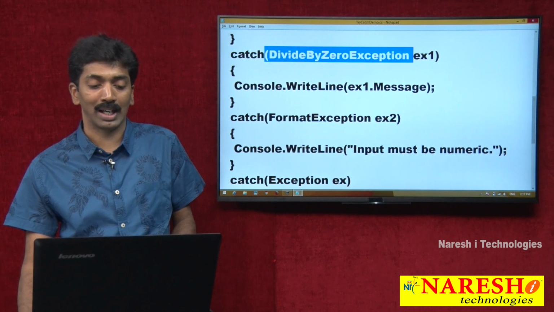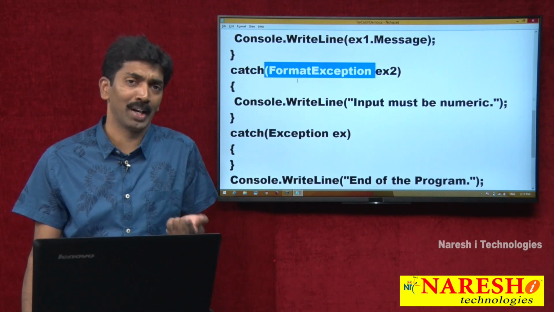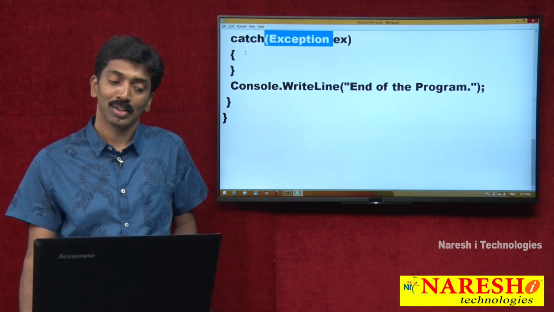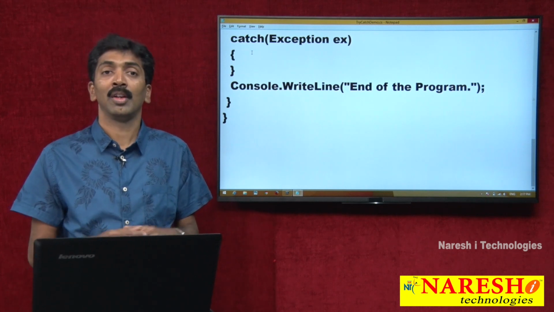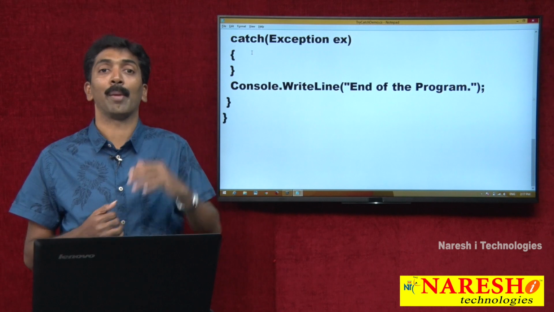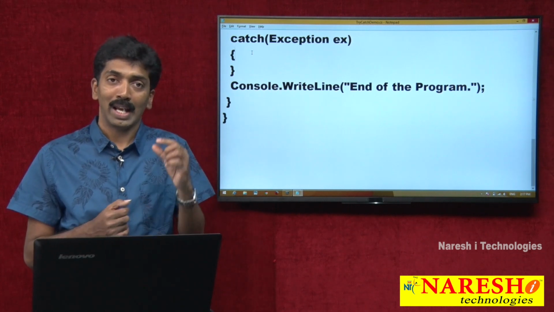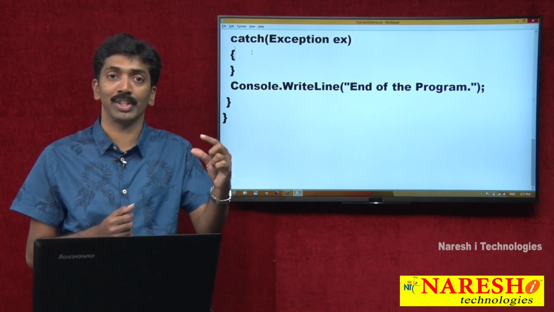See, this catch block can catch divide by 0 only. This catch block can catch format only. Apart from these two, if you get anything else, this catch block can catch. So the specialty of this catch block is that it can catch any exception left by the upper catch blocks. Simply speaking, it works like an else block in an if condition or a default block in a switch case.